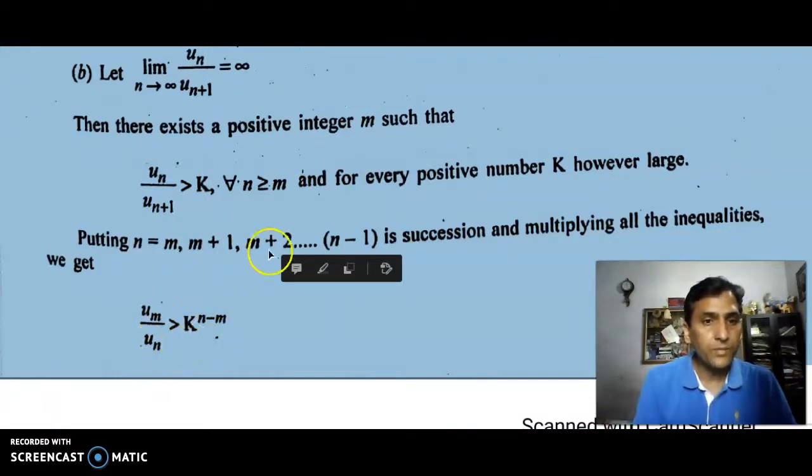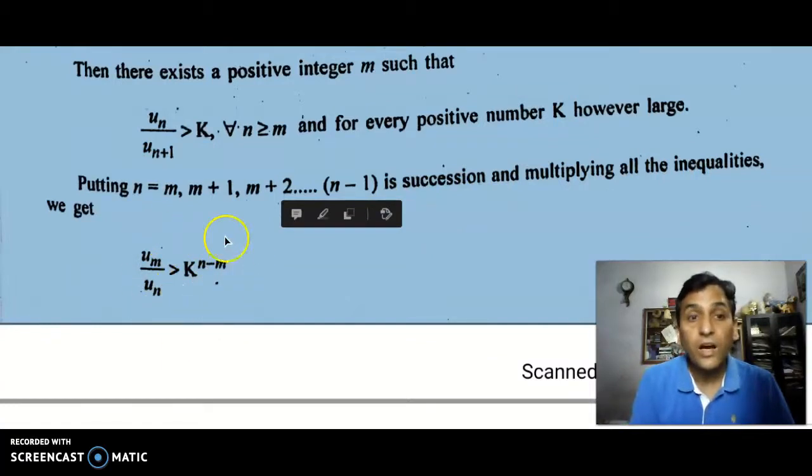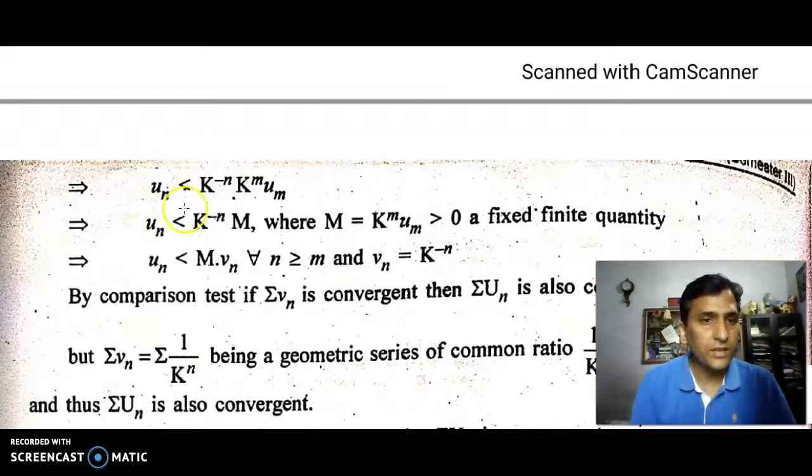I write the inequalities and I multiply as I did previously. This is your left-hand side of the inequality. Same way, I get this term, and from here you can say un is less than this, but here k to the power minus n, m is this term.